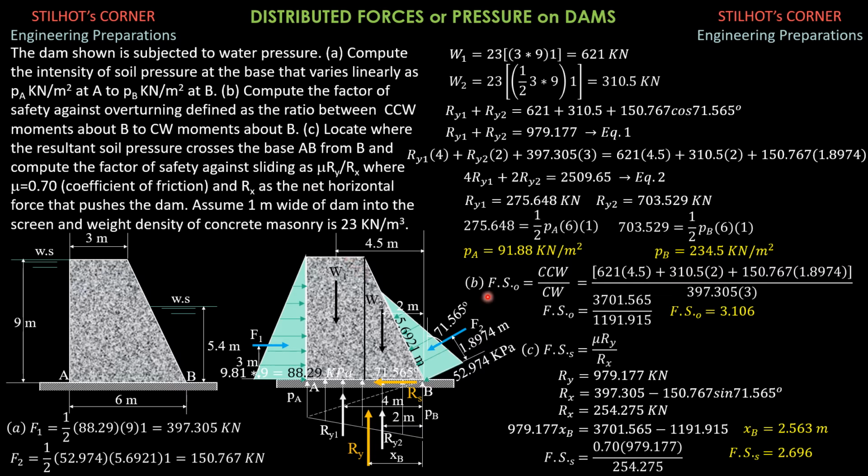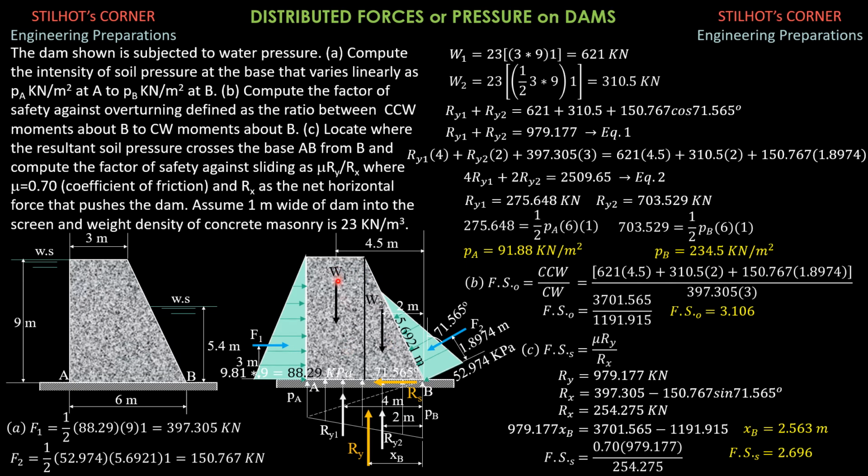For part B, factor of safety against overturning, defined as the counterclockwise moments of active forces about B to the clockwise moments of the active force or forces about B. So, based on the figure, of course, we have to disregard this because this is a passive force. It's just a reaction. These are the active forces.